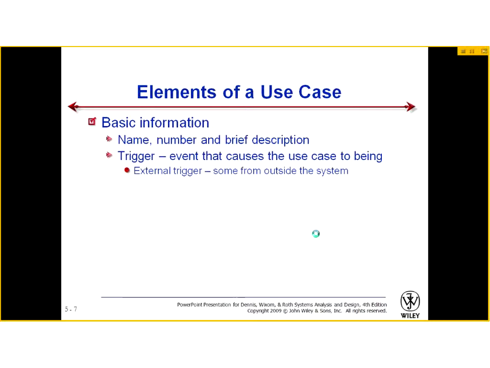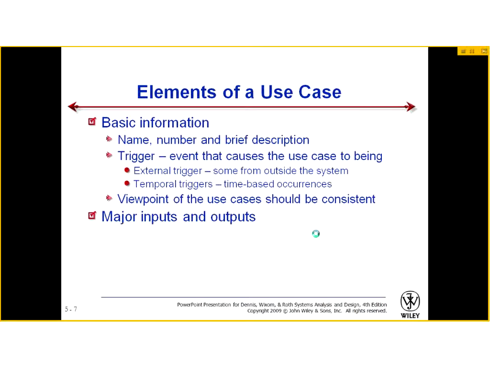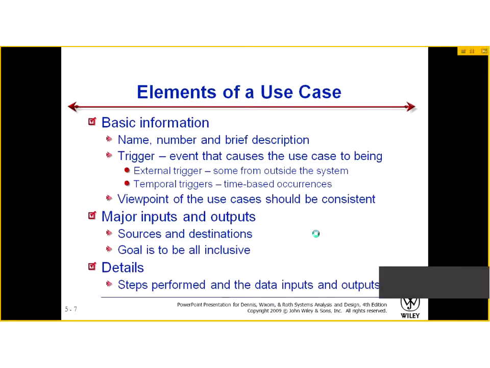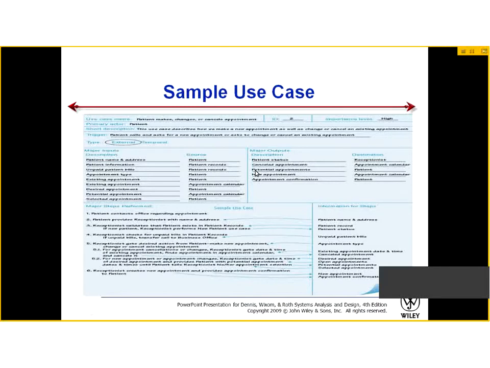Basic information, number, brief description, the event that causes the use case, external temporal triggers, major inputs and outputs, source and destination, etc. Steps performed. Right, you have seen the sample use case for patient makes change and cancel appointment use case in our class.